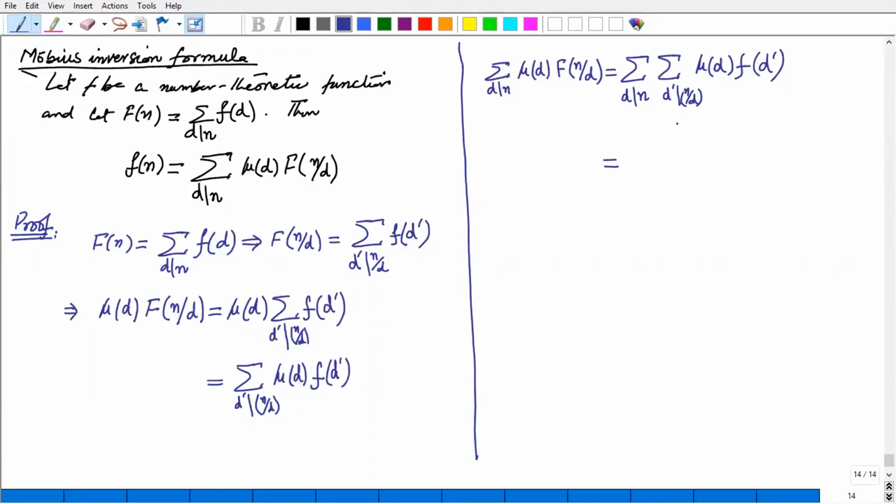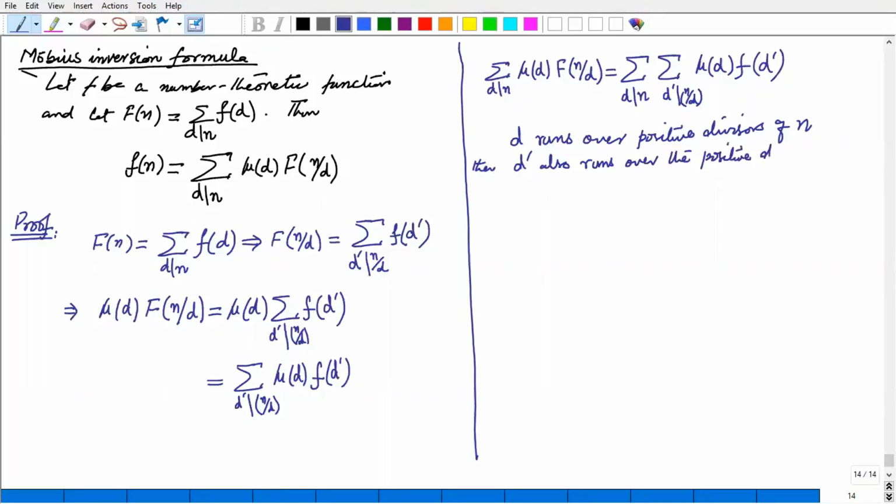So it means that if d runs over the positive divisors of n, then d prime also runs over the positive divisors of n.